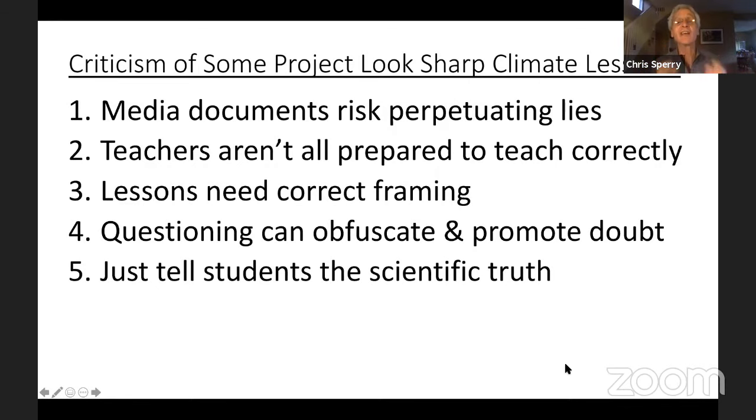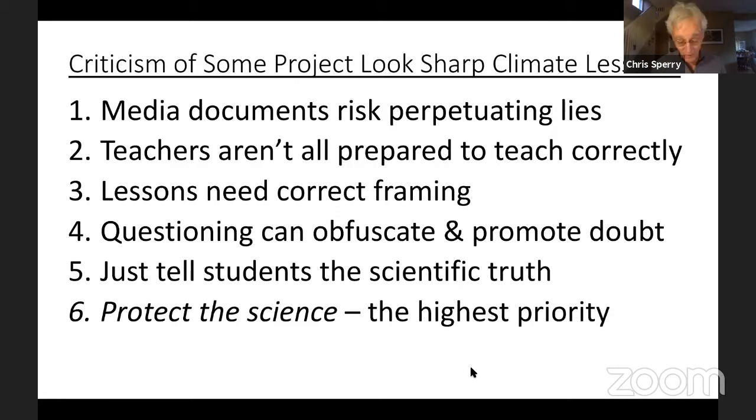We just need to tell students what the truth is about the science and not confuse them or potentially promote doubt and, unintended maybe, perpetuate the views and ideas of those in power who want to maintain, in this case, the fossil fuel industry. And number 6, above all, we must protect the science, that is the highest priority.